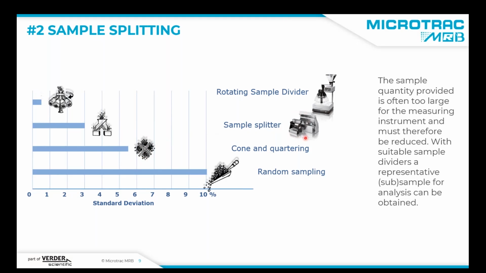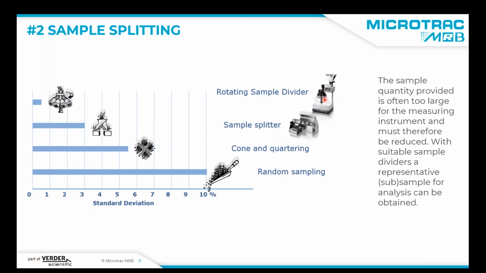You can use splitters like this. This will further reduce the standard deviation and improve repeatability if you measure different subsamples. And the most accurate thing you can do is using a rotating sample divider like this PT100 from Retsch here, which will give you the most representative subsamples.